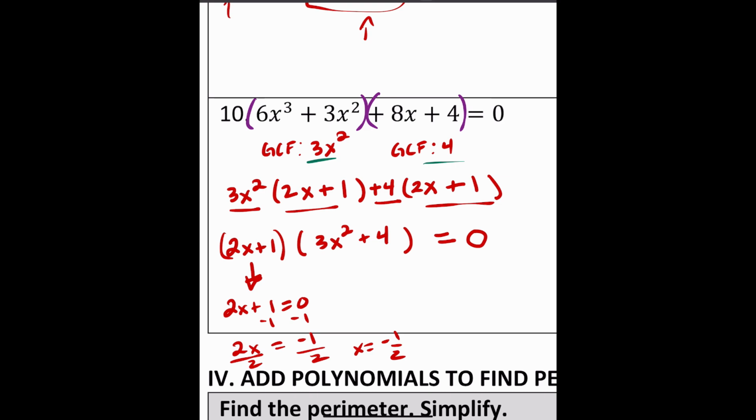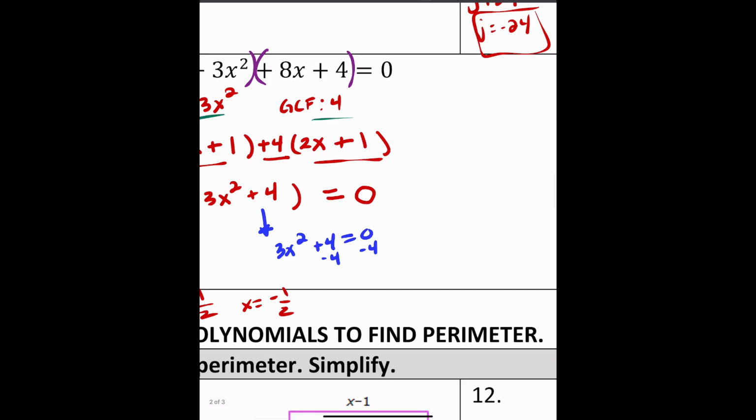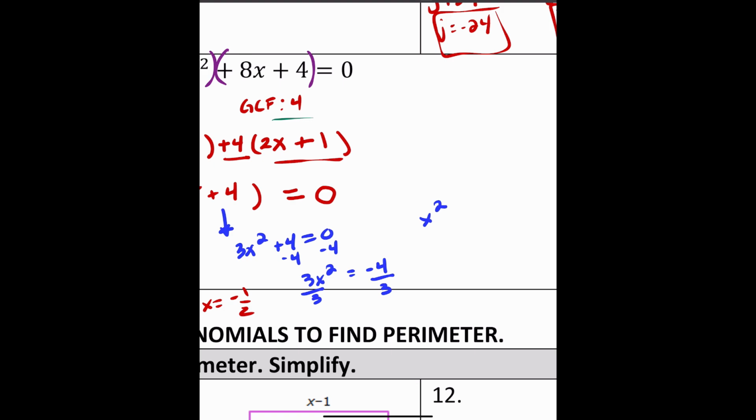Now we have 3x squared plus 4. We're going to take this thing and set it equal to 0. And I'm going to subtract both sides by 4. So I have 3x squared equals negative 4. And if I divide both sides by 3, I get x squared equals negative 4/3. And then I'm going to take the square root on both sides.